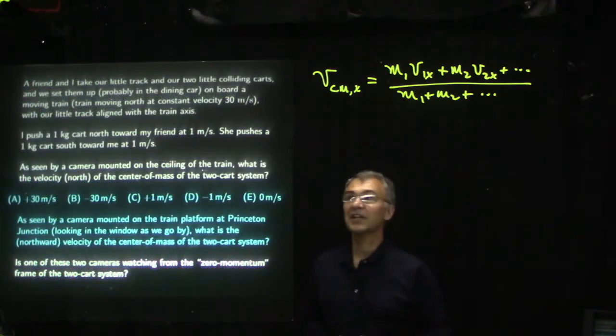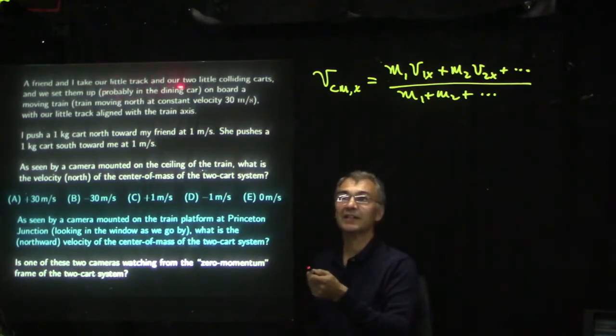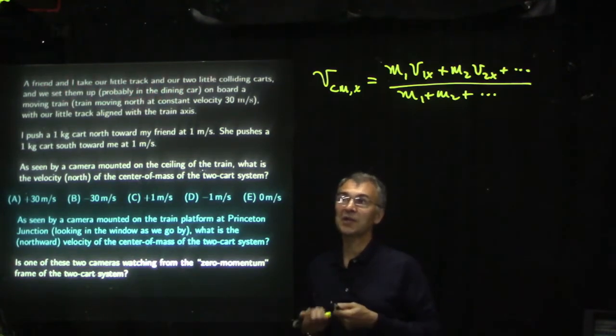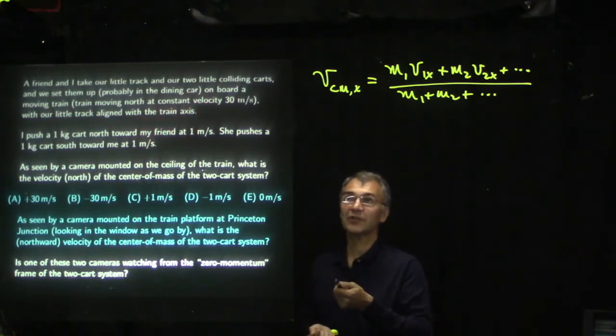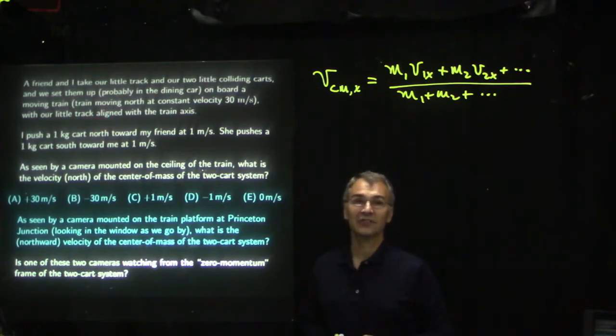My friend and I take our little track and our two little colliding carts, and we set them up, probably in the dining car, on board a moving train. It's a train which is moving north at a constant velocity of 30 meters per second, with our little track aligned with the train axis.